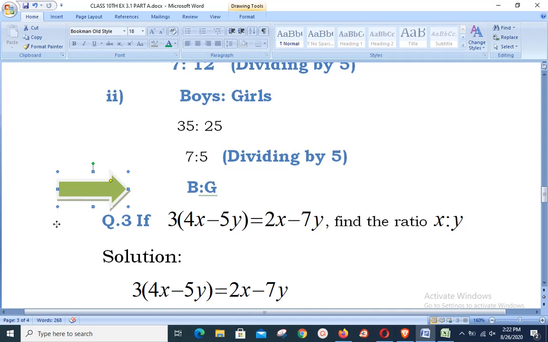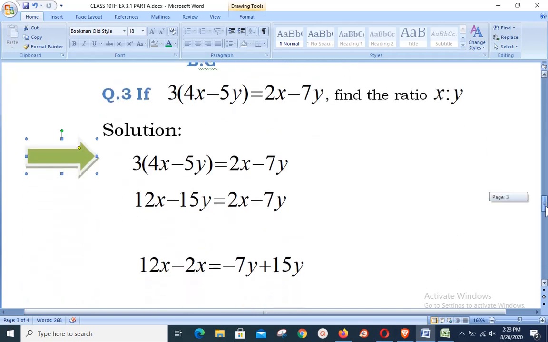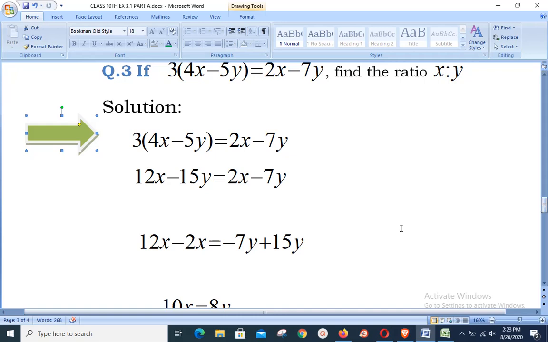Selecting the next question, number 3, it says if 3 into 4x minus 5y is equal to 2x minus 7y, find the ratio x ratio y. Starting our solution and keeping the first step same as the question, we are given 3 into 4x minus 5y is equal to 2x minus 7y.